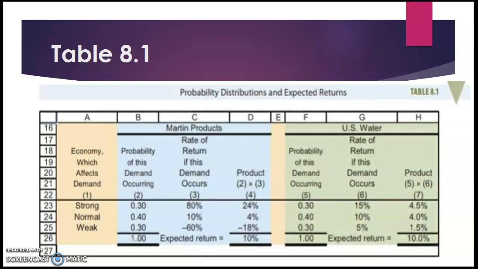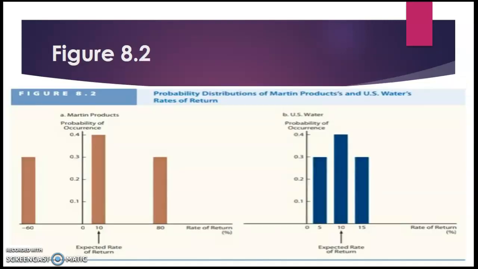In this next figure, 8.2, we assume that only three economic states could occur: strong, normal, and weak. Suppose we had the time and patience to assign a probability to each possible level of demand, with the sum of probabilities still equaling 1, and to assign a rate of return to each stock for each level of demand.